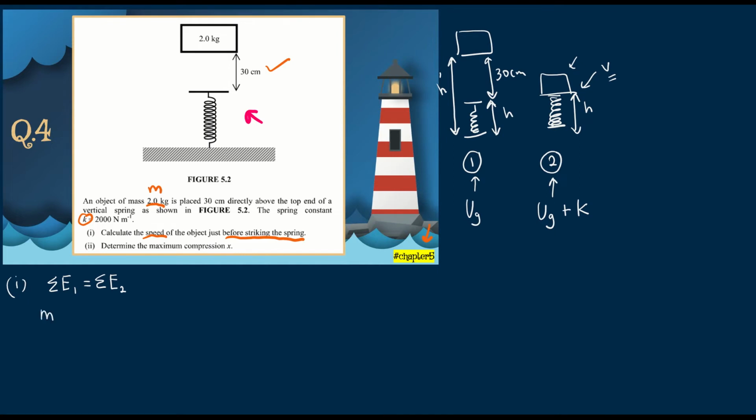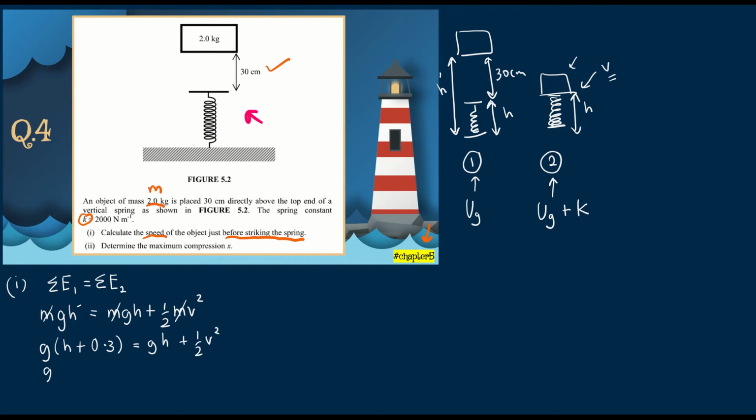You can straight away put the equation. So mgh prime is equal to mgh plus half mv squared. To make it simpler, everything here has m, so you can cancel it out. So g h prime, where h prime is h plus 0.3 because you need to convert 30 cm into SI unit, 0.3 meter, is equal to gh plus half v squared.